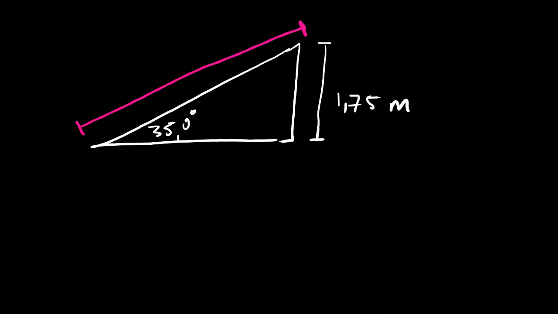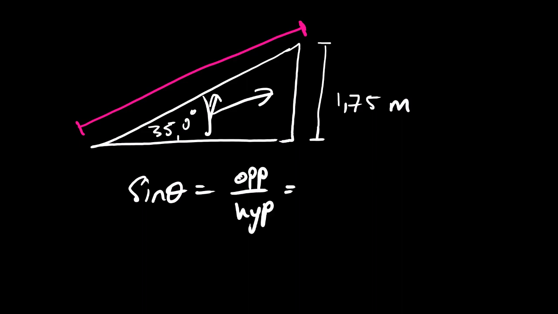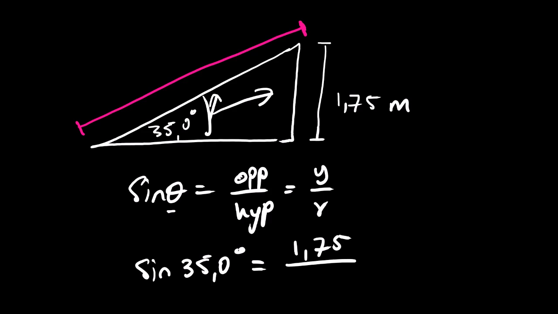We look at the expression that involves the opposite side and the hypotenuse, and that expression is sine. So sine theta equals opposite over hypotenuse, or we can say it's y over r. In this case, the angle is 35.0 degrees, the opposite is 1.75, and we are looking for the hypotenuse. We can say the hypotenuse is d, or change in x, but it's fine if you put d.